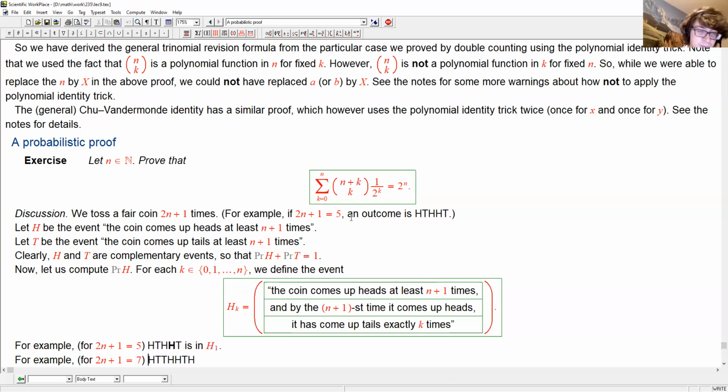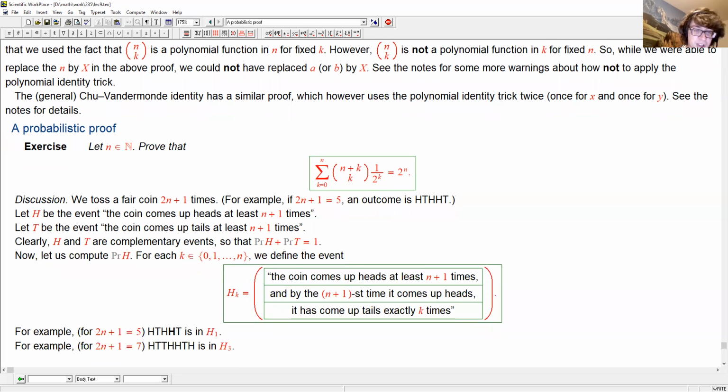So here we are in event h because heads comes up 4 times. By the fourth time it has come up, tails have happened 3 times. So this is an h3. And just as another example, which h is this?